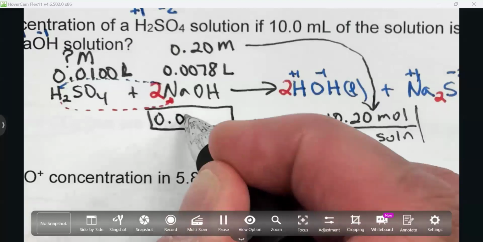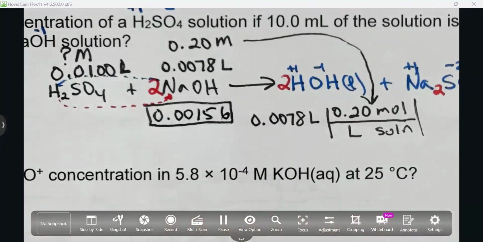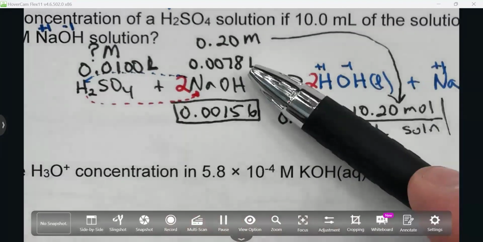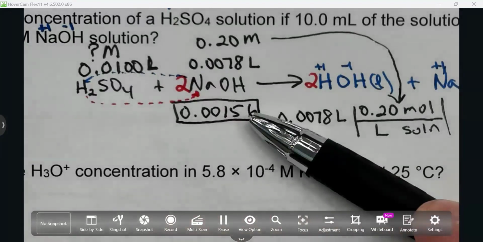So 0.00156 moles for my sodium hydroxide, right? That's how much it took. Now we're saying that the 0.0078 liters of 0.2 molarity is 0.00156 moles.